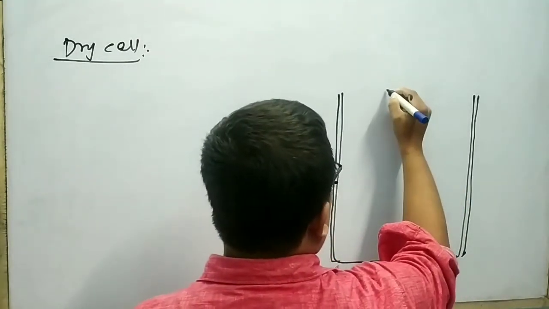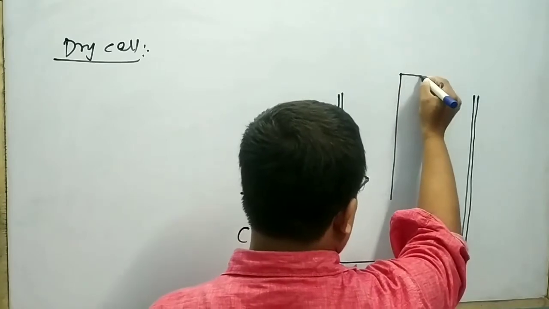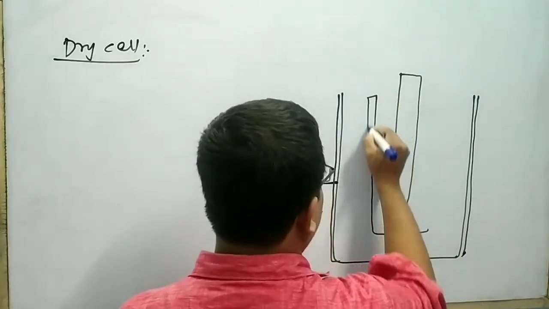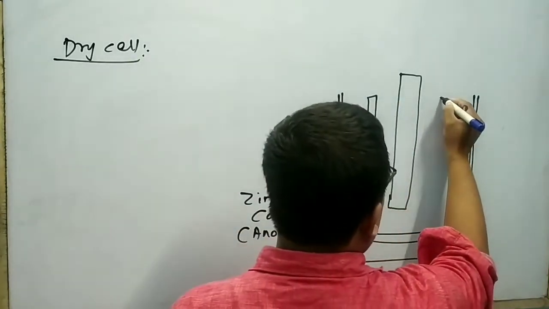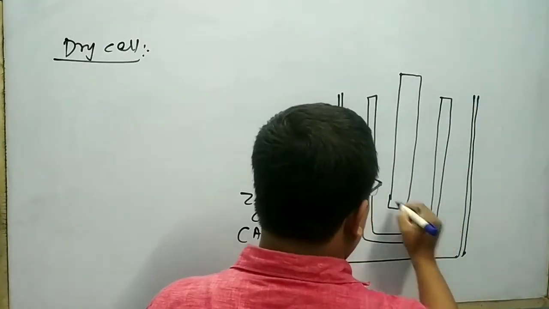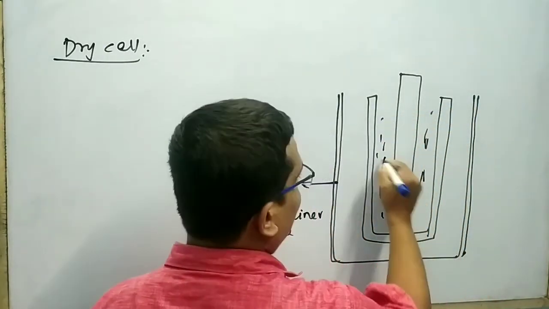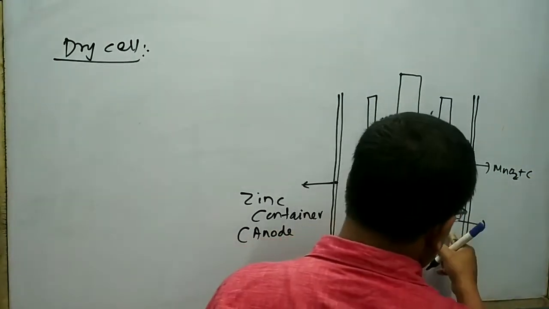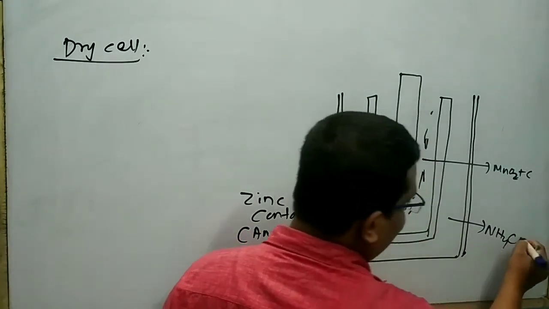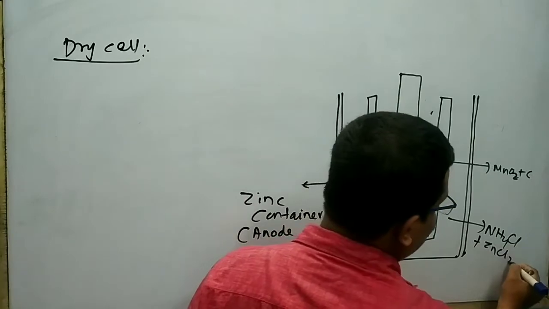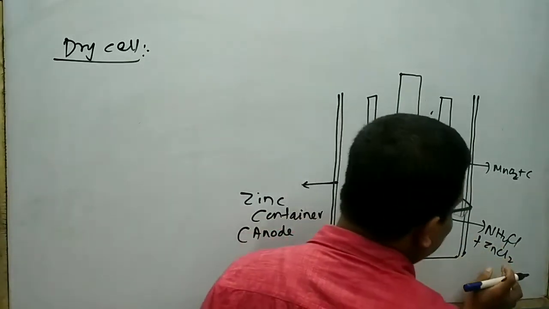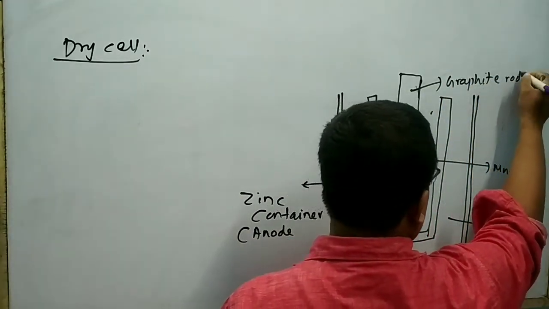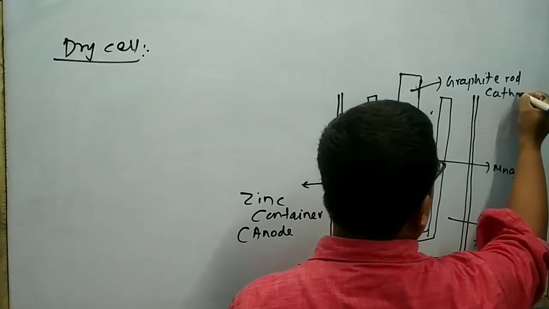Then a graphite rod is taken like this, and the graphite rod is surrounded by MnO2 and carbon. In this region, a paste of NH4Cl and ZnCl2 is taken. This graphite rod acts as the cathode.